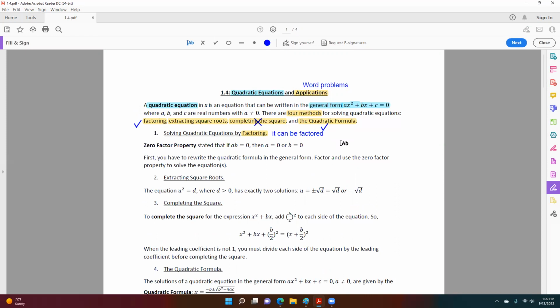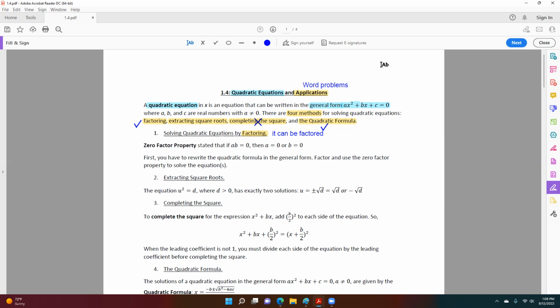Remember when we did factoring in P4, that sometimes you get prime. Prime says that the polynomial cannot be factored. So this method only can be used if it's factorable.